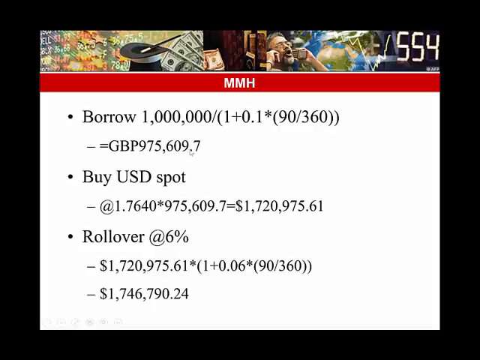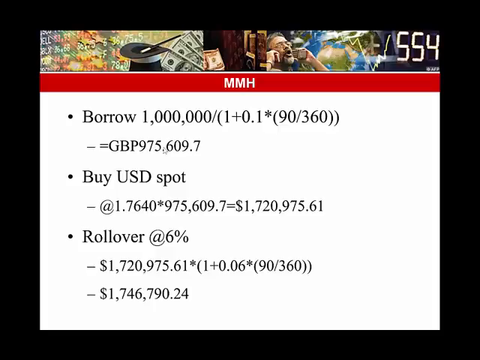So if we borrow this amount today at 10% annual interest, but only for a quarter, this means that we would pay a 2.5% interest on it. That would make the principal and interest payment 1 million pounds, I'm sorry, not dollars. So when we receive the 1 million pounds from Crown, we could cover this liability.